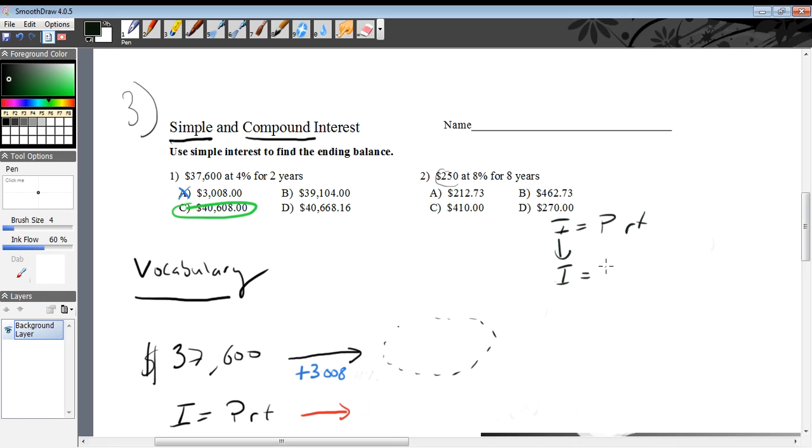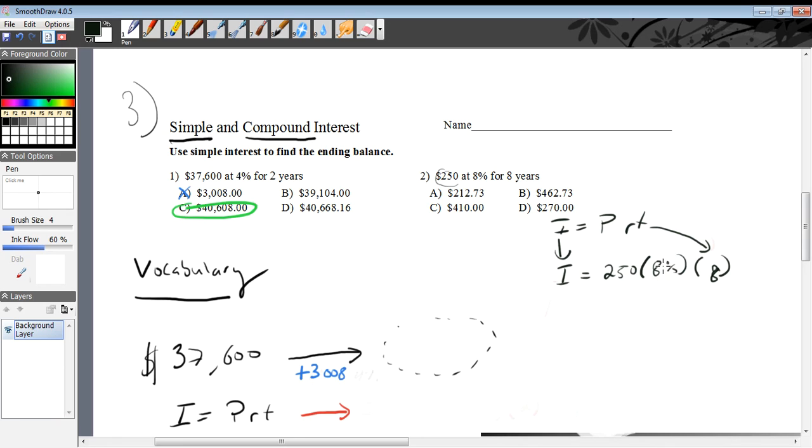The principal is where we start. We start at $250. That's our bank account, 250. This guy's not quite as rich as the other guy. The rate is 8%, the rate of change. And then for how much time, which is the T, it's going to be 8 years.